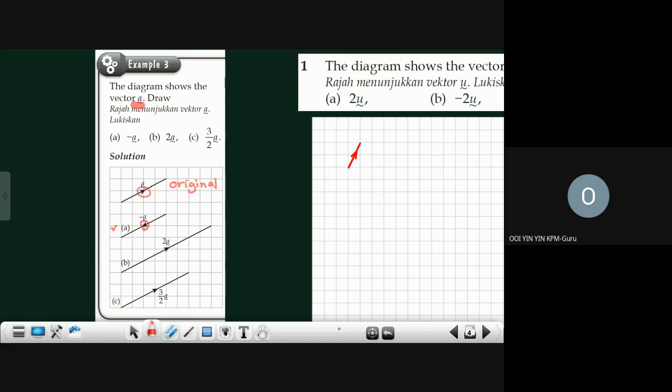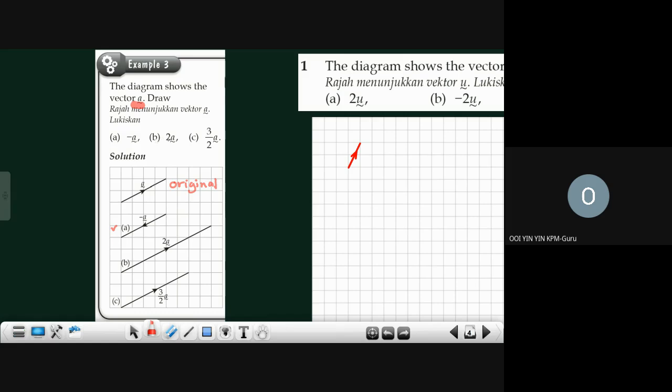So bear in mind that whenever we use a negative here, it means the direction of your arrow is on the opposite side. The arrow goes in the opposite direction. If you see a negative, the arrow goes in the opposite direction. The magnitude will be exactly the same, no matter how many units it has.